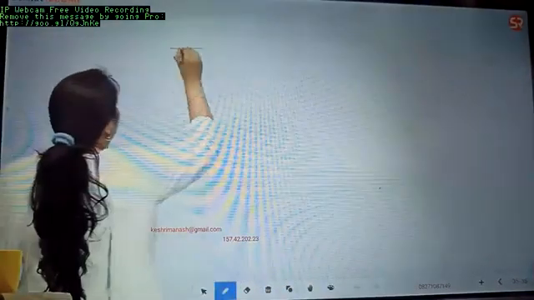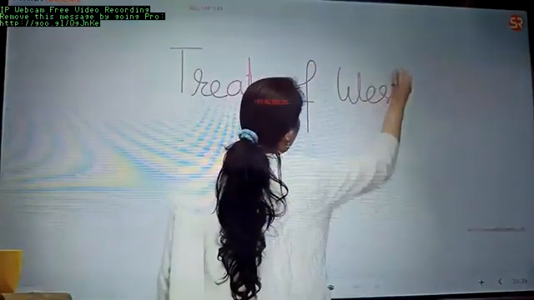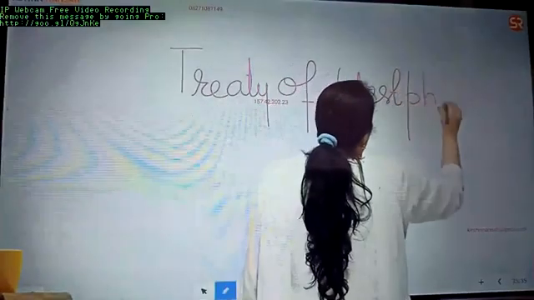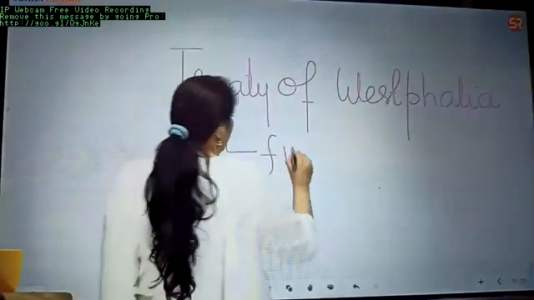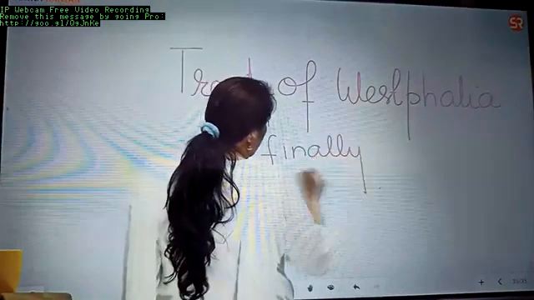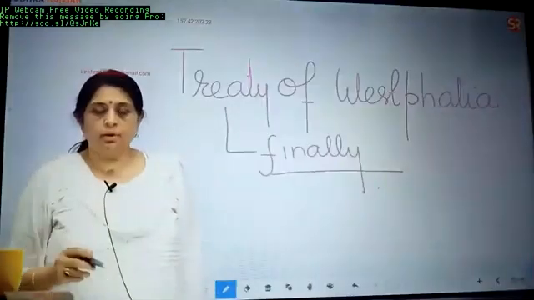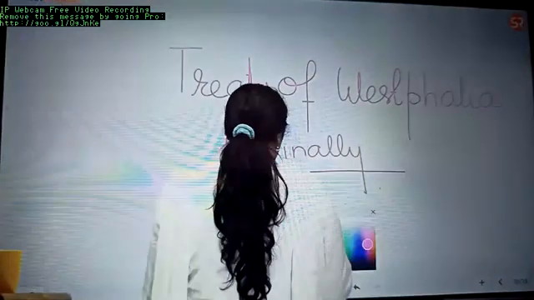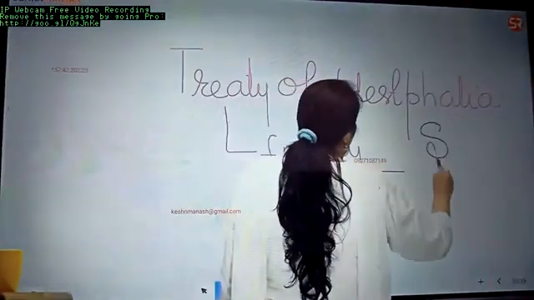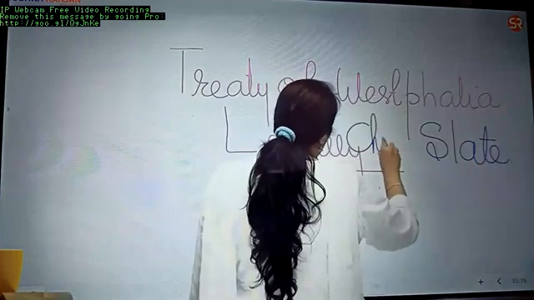In the Treaty of Westphalia, it was finally agreed that the will of the king will prevail. Or let us say the will of state will prevail and not the church.